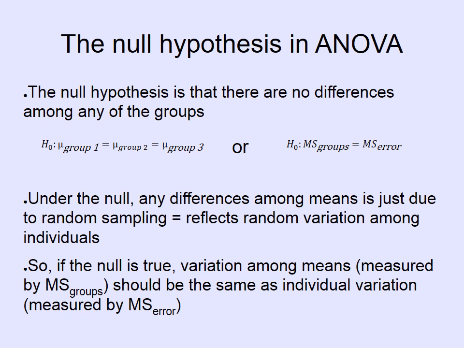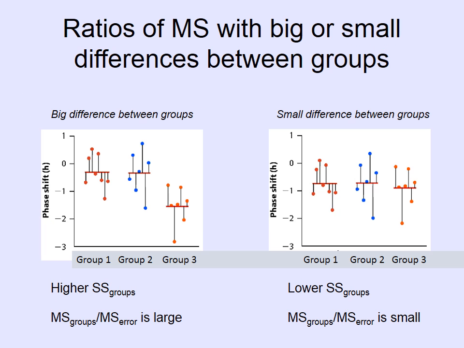What we're saying is that under the null, any differences among the means from the grand mean are due to random sampling, right? It's random error. There's no treatment effect. That's what we're saying under the null. So if it's true, the mean square of groups is going to be the same as the mean square error, and that mean square error is the random error that we see within a group.